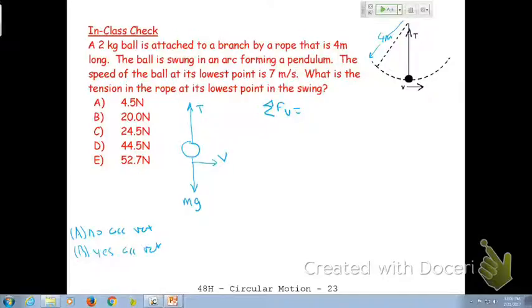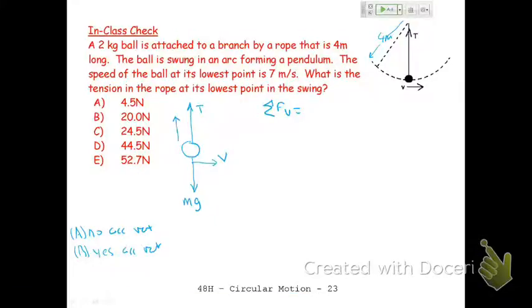So my centripetal acceleration is in that direction. If that's my pivot point, if that's my axis, I always point my centripetal acceleration towards the axis. So there is a vertical acceleration, just not obvious. Sum of the forces vertically equals ma, which equals m a_c, which equals mv squared over r.